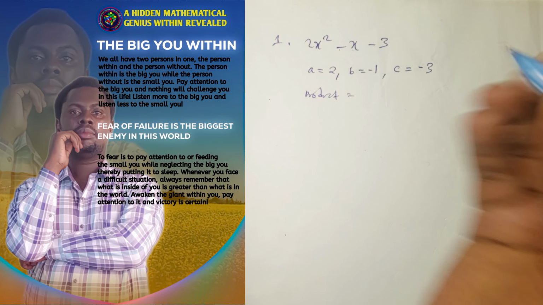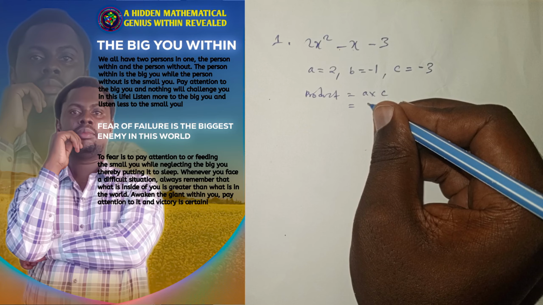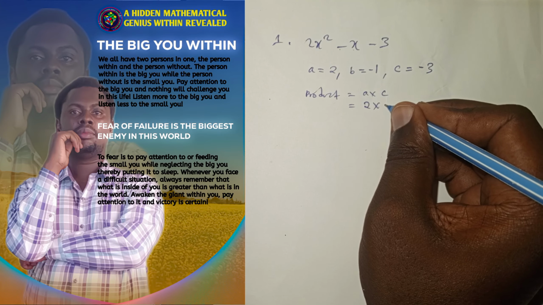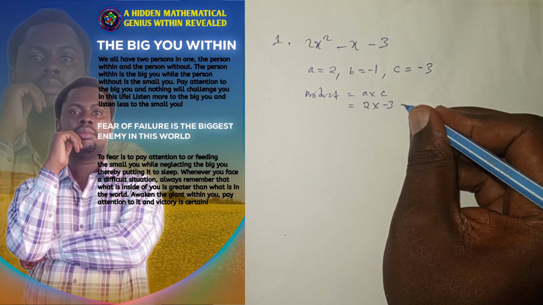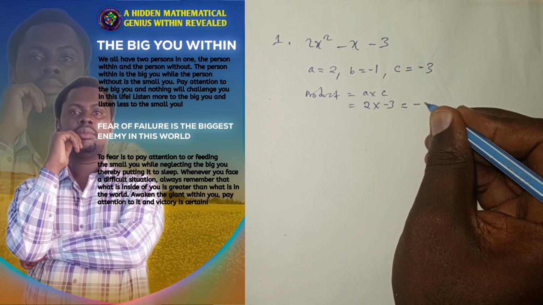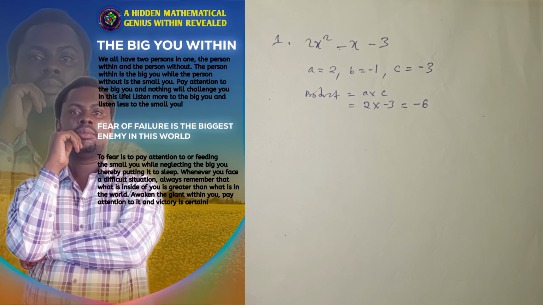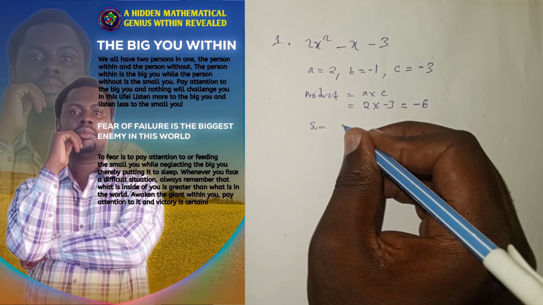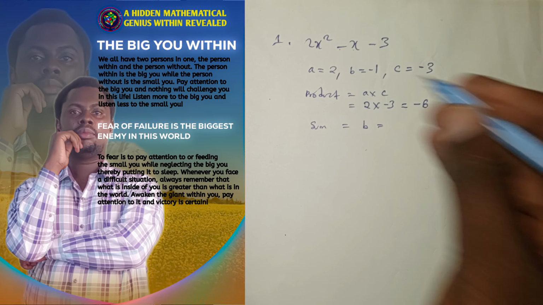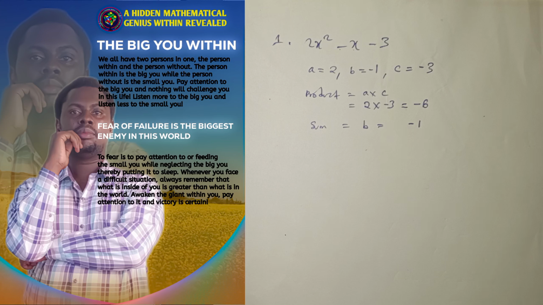So step 1, we find the product. Product is just A times C, that is 2 times negative 3, and 2 times negative 3 is what? Negative 6. Then we need to know also the sum. Sum is just B, and B in this case is negative 1.